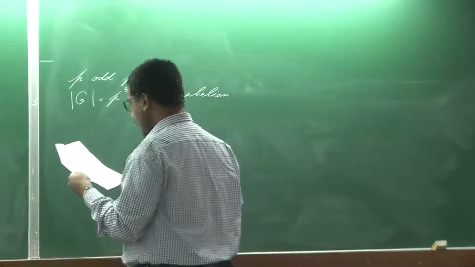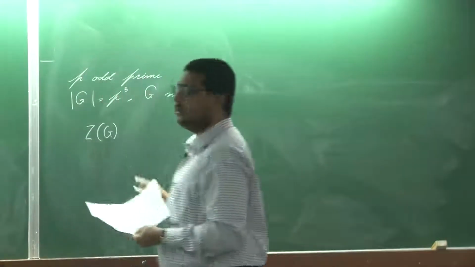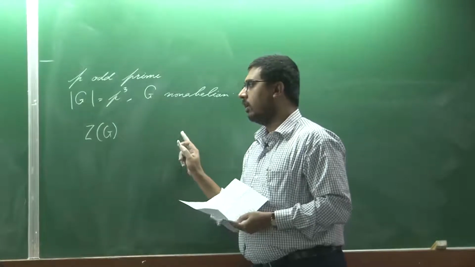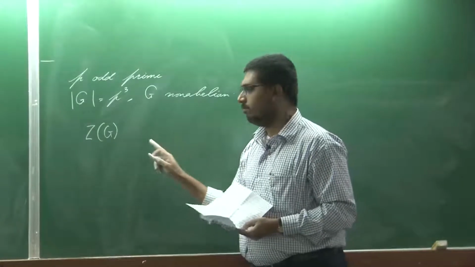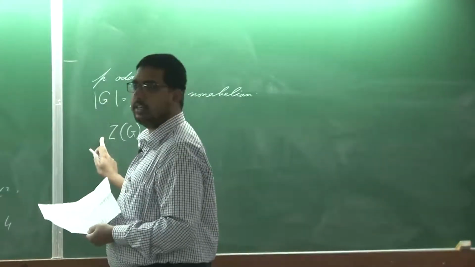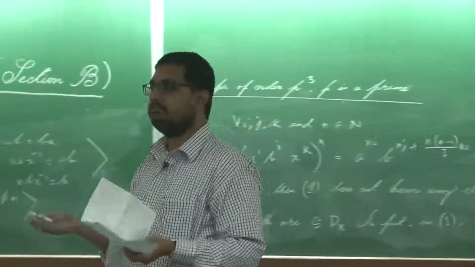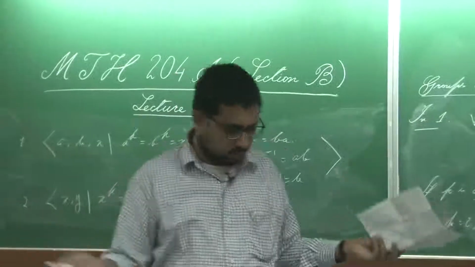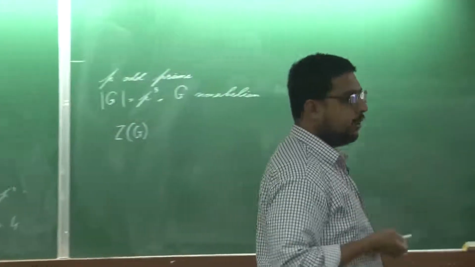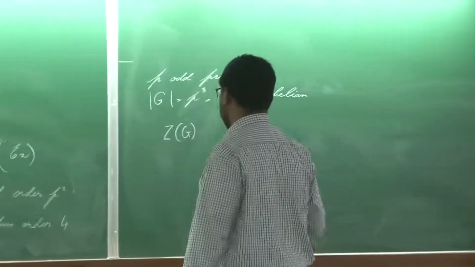Then what about the center of G? The center of G is of course non-trivial, so it will have order P, P square or P cube. Since G is nonabelian, it cannot be P cube. If it is P square, then G modulo the center of G will have order P, that is cyclic, and I assume all of you must have seen earlier, or you can do it now, that if for a group G, G modulo ZG is cyclic, then G has to be abelian.